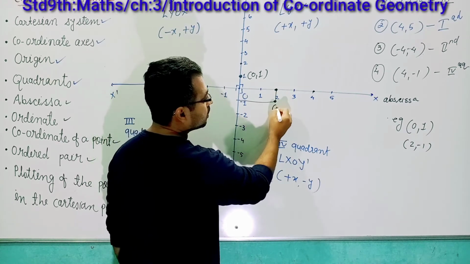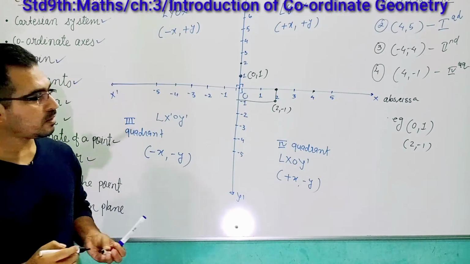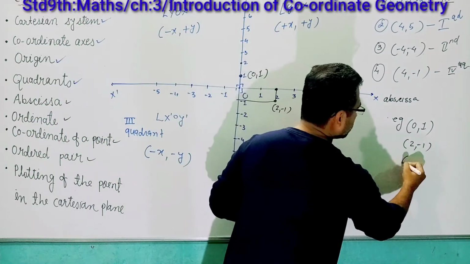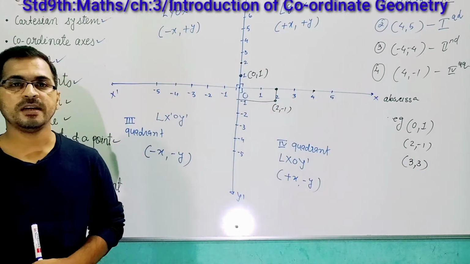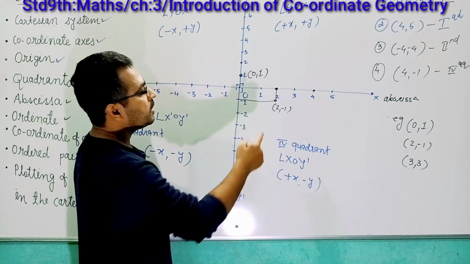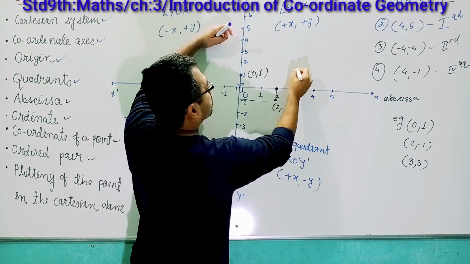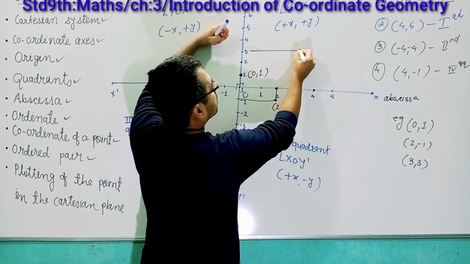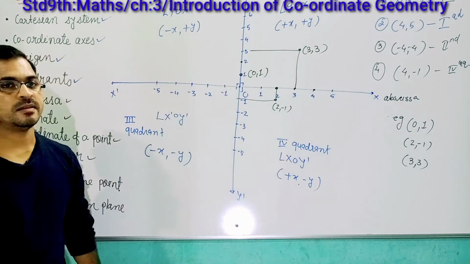So you can locate 2 and -1. Okay, suppose you want to locate 3 and 3. What is 3 and 3? Means x is positive and y is also positive. X is 3 and y is 3. So this is 3 and 3. Right?